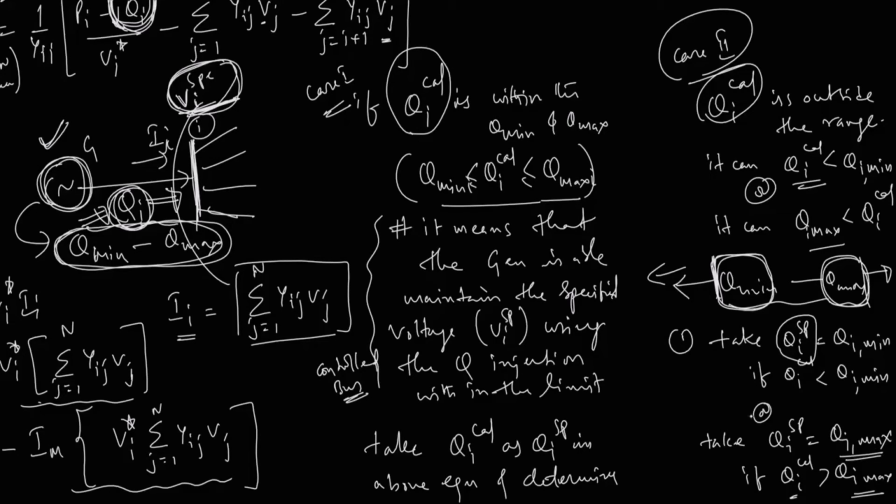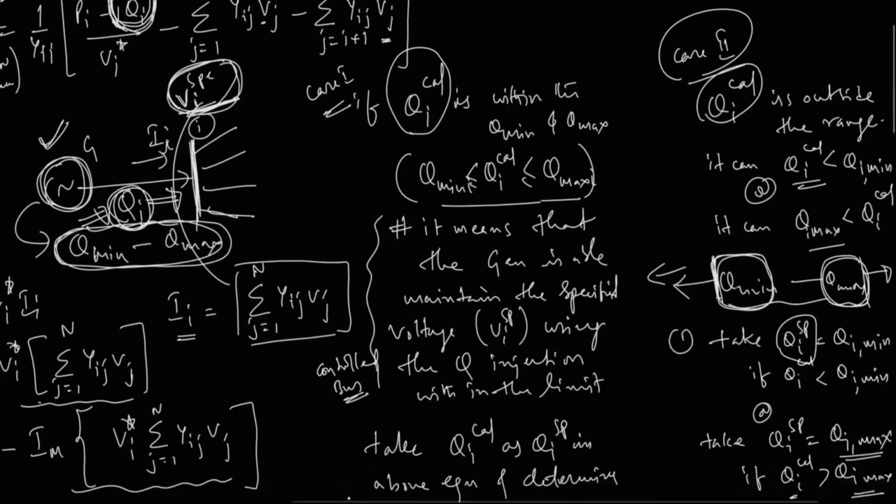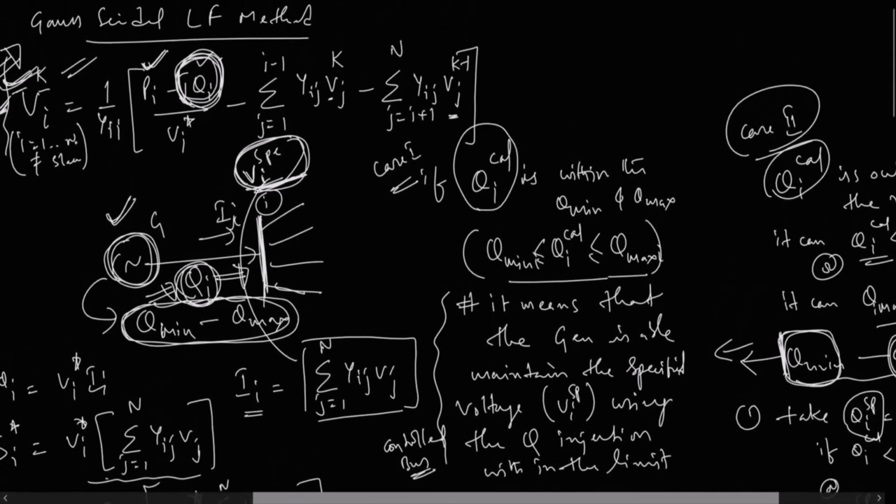Right? So either case, any one will happen. Either it will be less than Q minimum, or it may be greater than Q maximum. Any one case will be happening. So in that case, you take the corresponding limit, and once you fix this specified quantity to minimum or maximum, then you find out the voltage V.